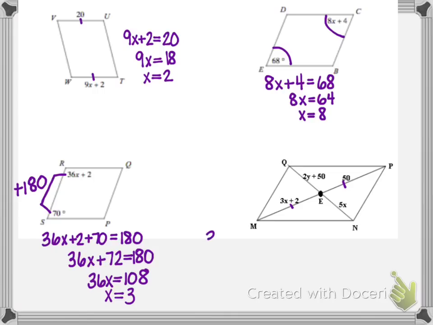So since they're congruent, I'll set them equal to each other. 3x plus 2 equals 50. Then I'll subtract 2. 3x equals 48. Then I'll divide by 3. X will equal 16.